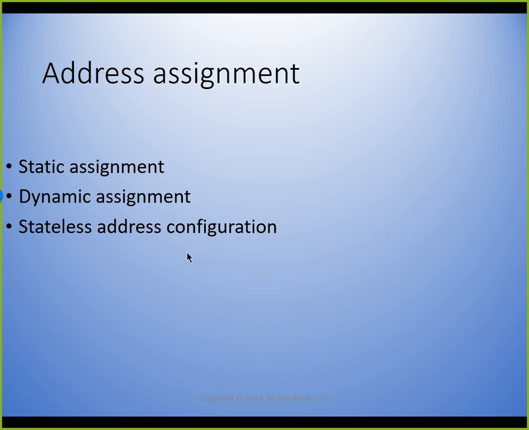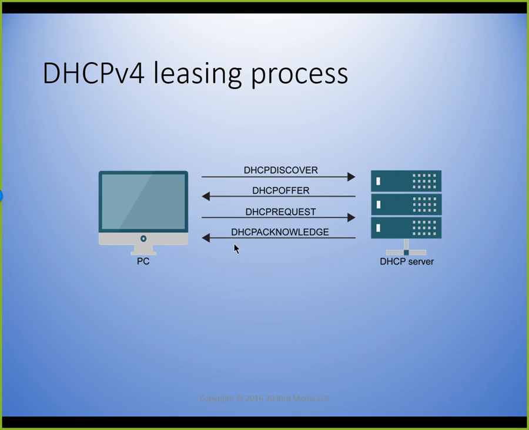Stateless address configuration is when the router is configured with the prefix, the network address, and it has a stateless configuration statement in it, and the workstation then takes the prefix from the router and generates its own host portion of the IP address.